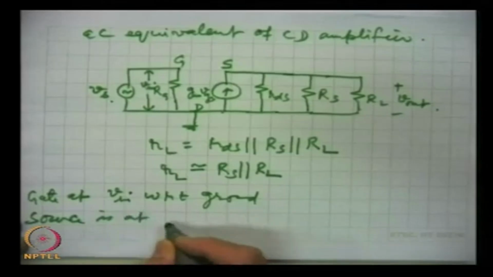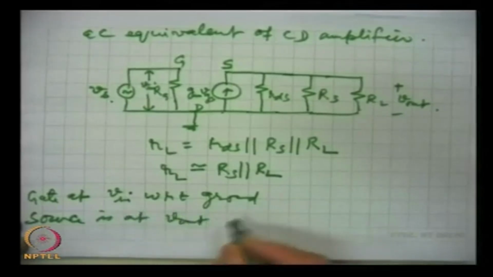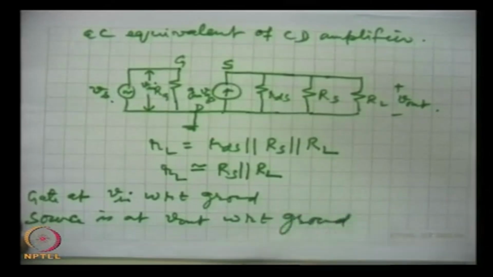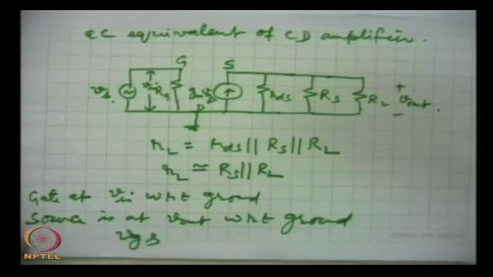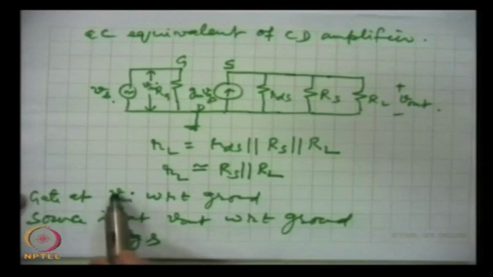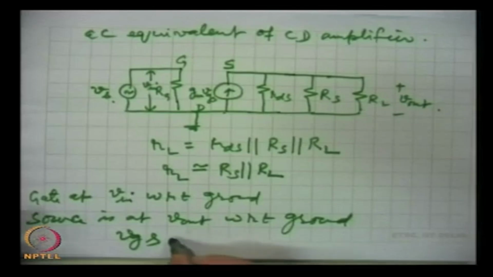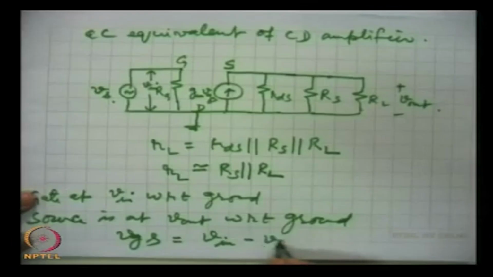So, what will be VGS if gate with respect to ground is at V in and source is at V out, then VGS will be V in minus V out.